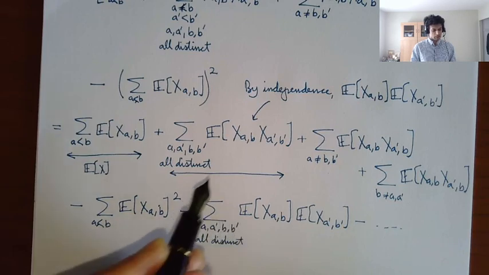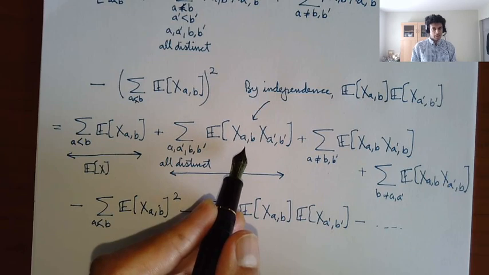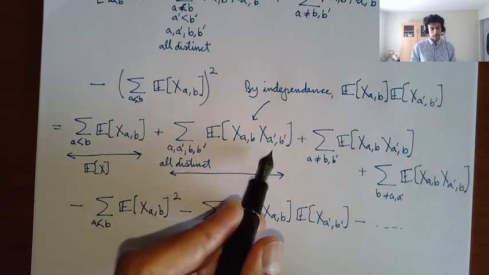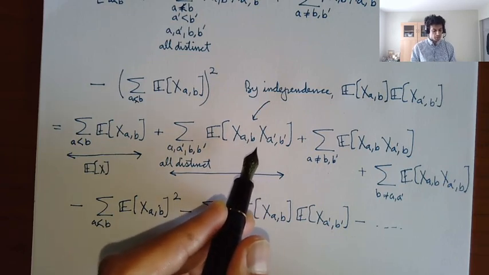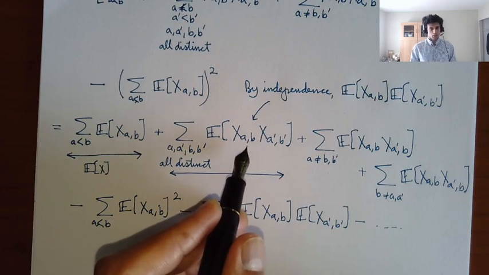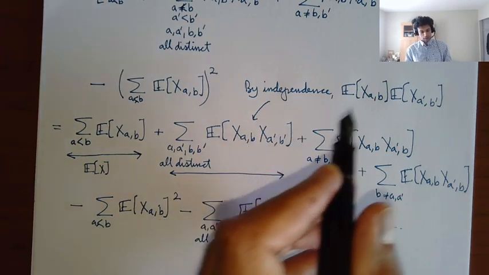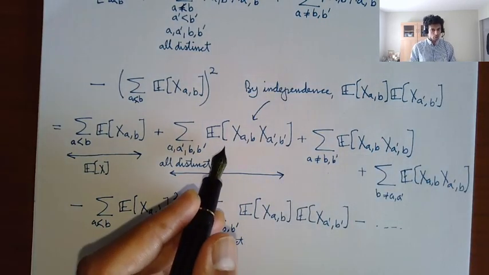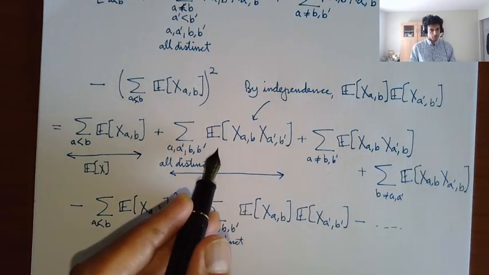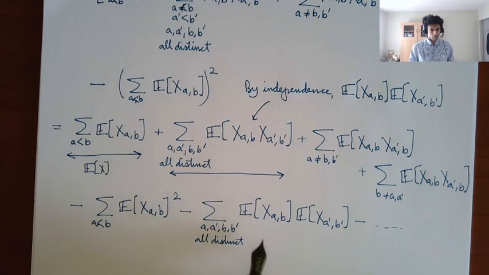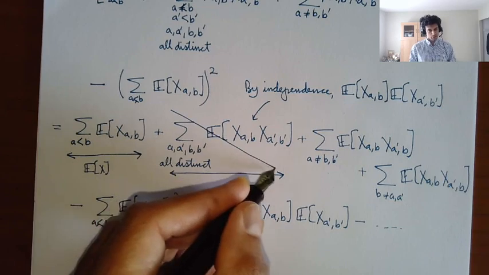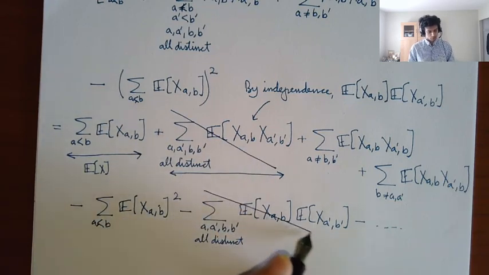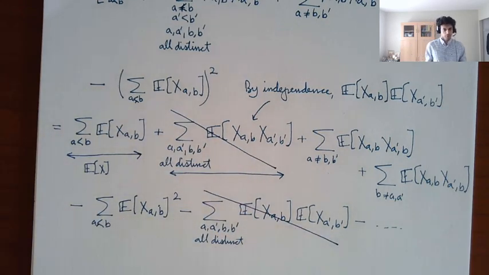I'll say this again: XAB and XA prime B prime are independent, and by the independence we can break the expectation of the product as the product of the expectations. And so the second term here is identical to this term here, which is subtracted out, and therefore this cancels out with this. Okay, is this clear?